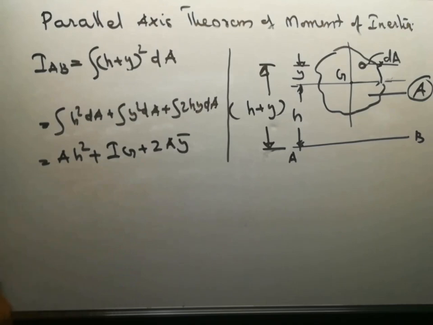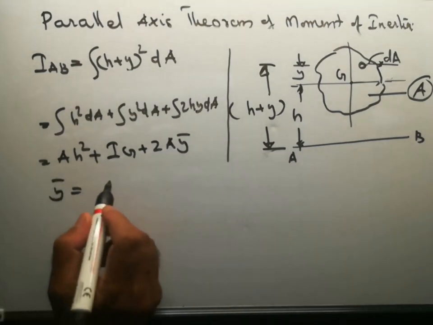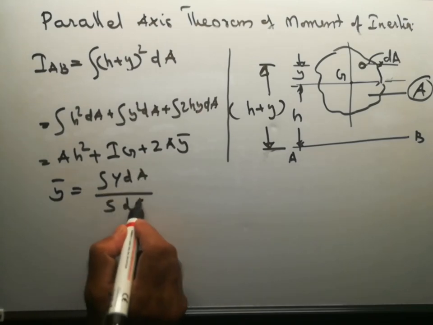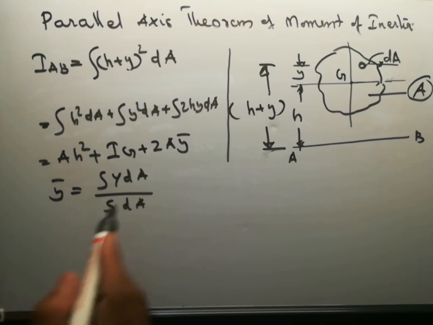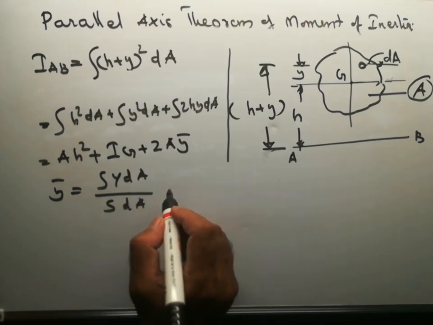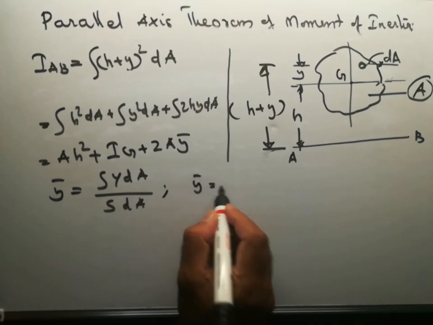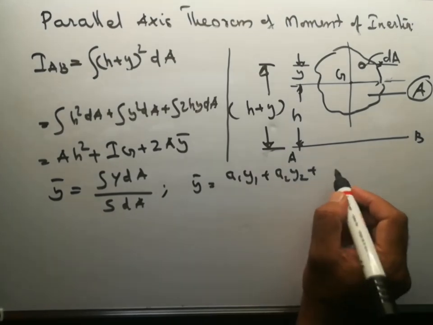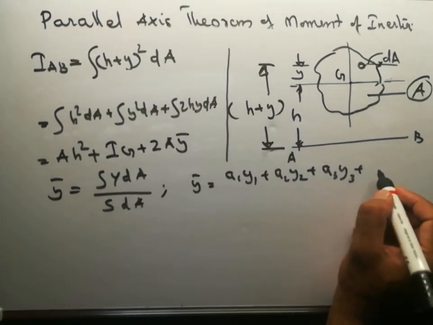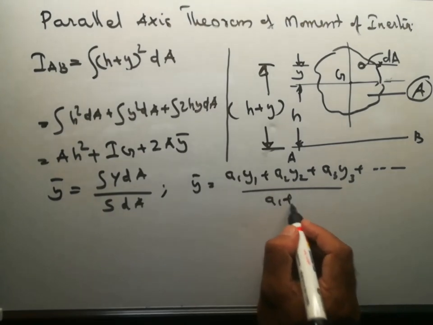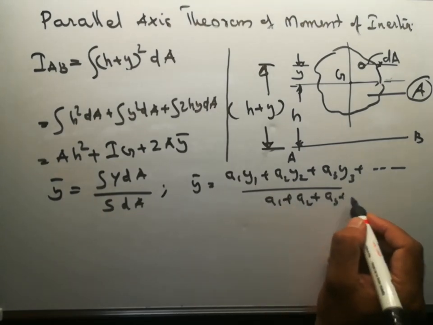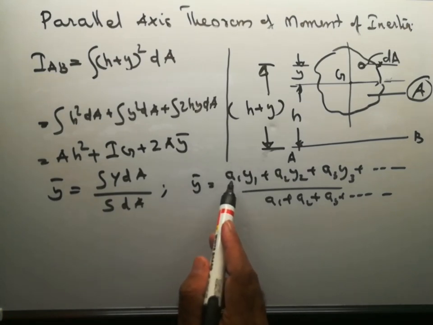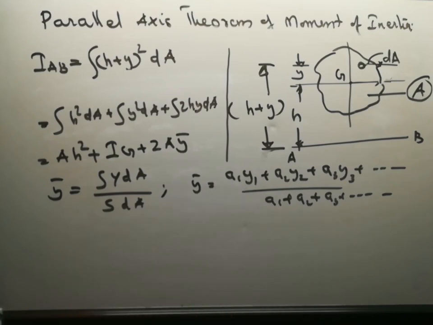because we know that the centroid y bar is equal to integral y dA divided by integral dA, because the equation is y bar equal to A1 y1 plus A2 y2 plus A3 y3 plus etc. divided by A1 plus A2 plus A3 plus etc. This can be written as the sum of area into the corresponding distance y.